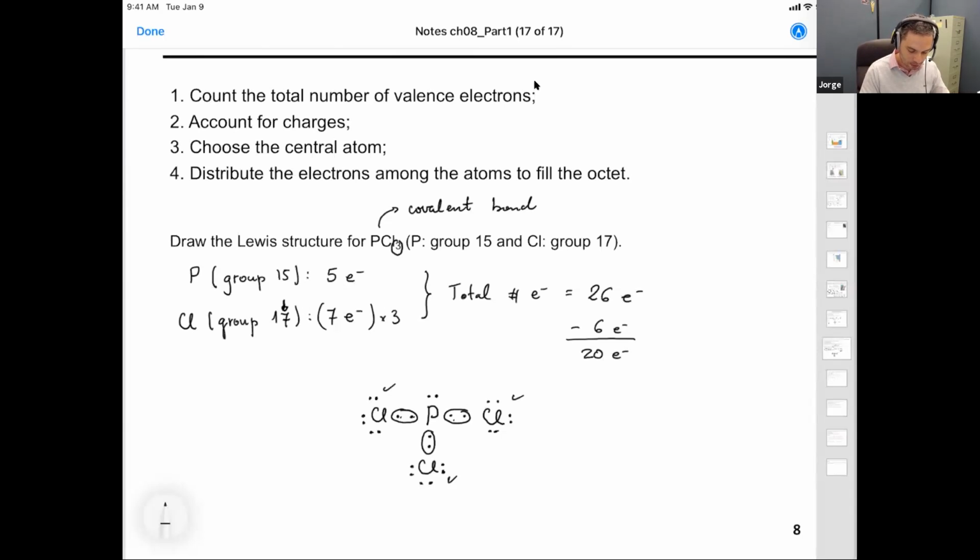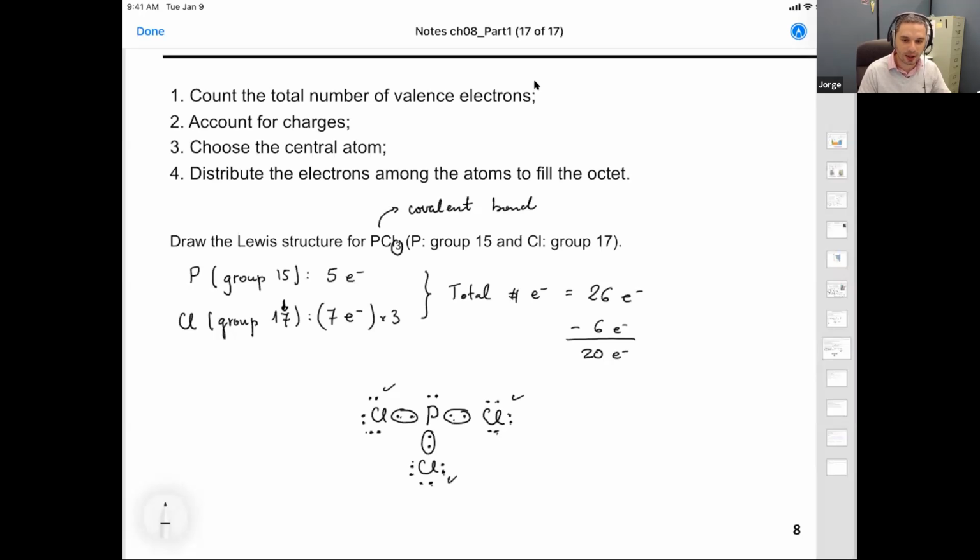And now we count everything to make sure we didn't go over 26. 1, 2, 3, up to 26 electrons.